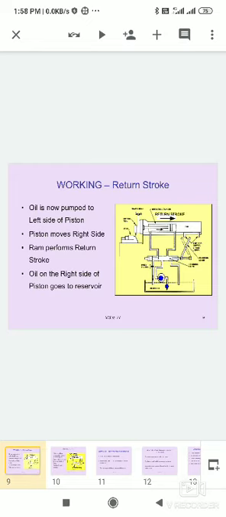For example, quick return mechanism, option A. Quick return means it comes speedily backward, which we must know. The question asks about the ram: option A slowly, option B speedily, option C medium, option D continuously moving.